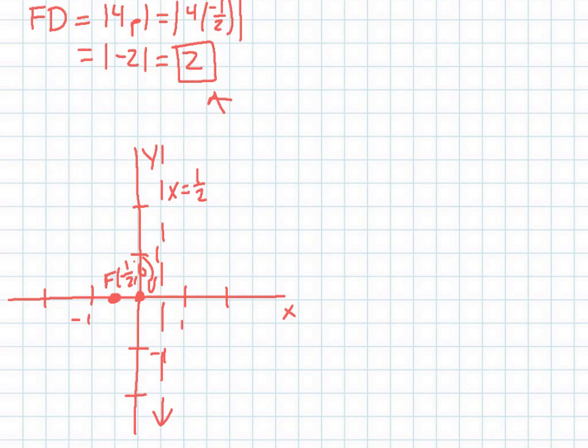Since your focus is on that midpoint line, it's going to be 1 on one side of the focus and 1 on the other side. So you go up 1 in this case, and down 1 from your focus in line with your directrix. That creates your 2 points, so that you can graph it with some type of dimension without having to plug anything in to find new points. Okay? So that's what I would hope for when you're graphing these points and making your parabolas.